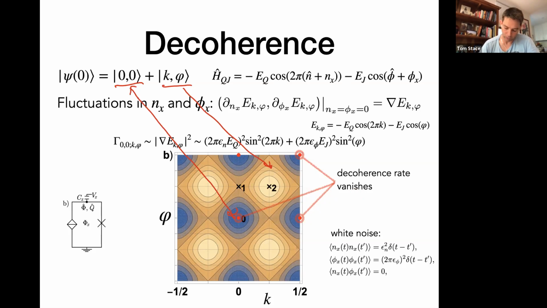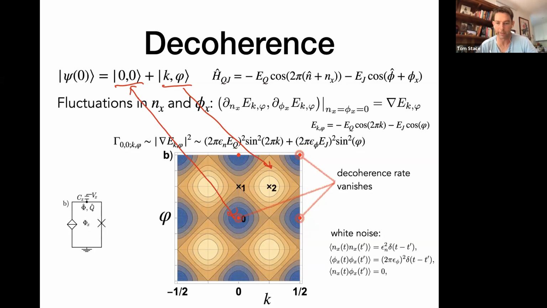So this contour plot here is not just the energy landscape. In fact, it's the gradient of the energy landscape. It's the absolute value of the gradient of the landscape squared. And you can see that there are points where that gradient vanishes. Obviously, it vanishes at the ground state. It also vanishes at the maximally excited state by definition because it's maximally excited. And it also vanishes at these saddle points. That's the definition of a saddle point.